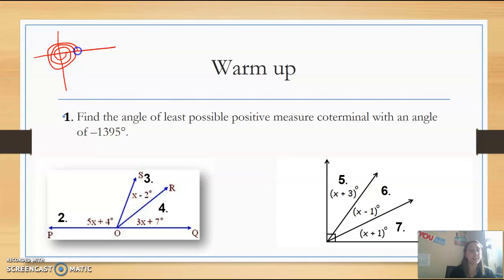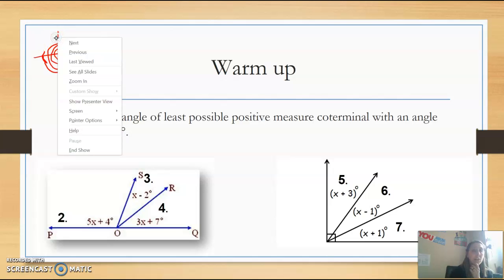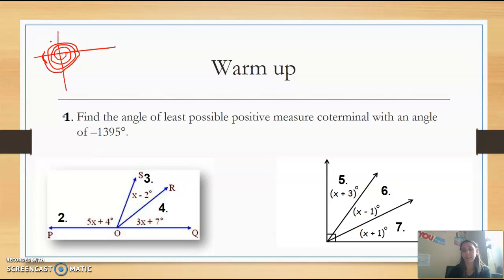Then I'm going to go by 90, not enough, 90, not enough, 90 more, and I'm at negative 1350, so I need to go 45 more degrees, so about here.